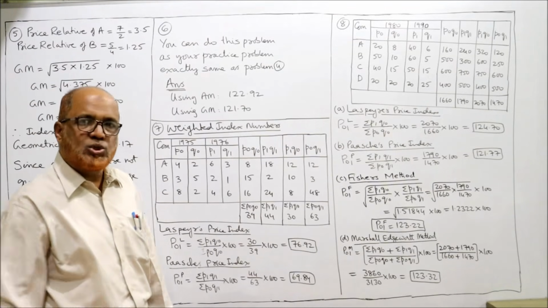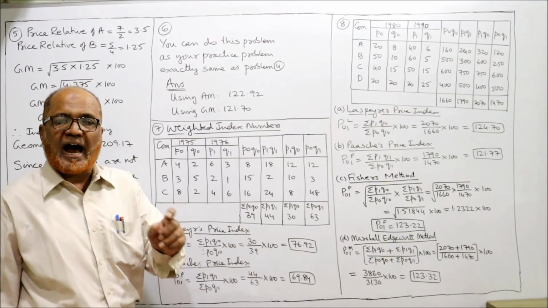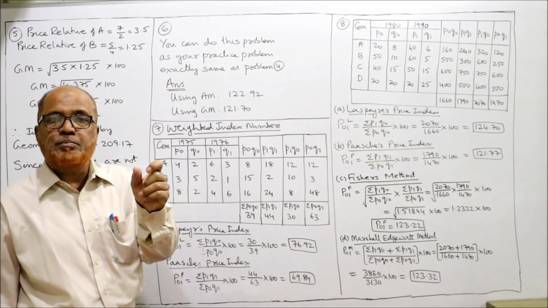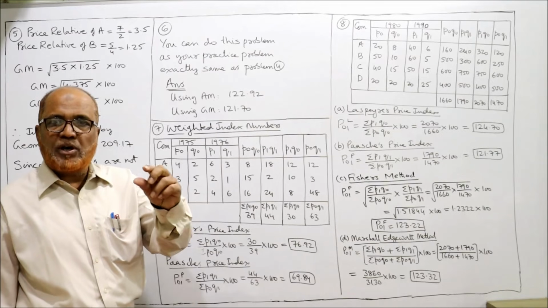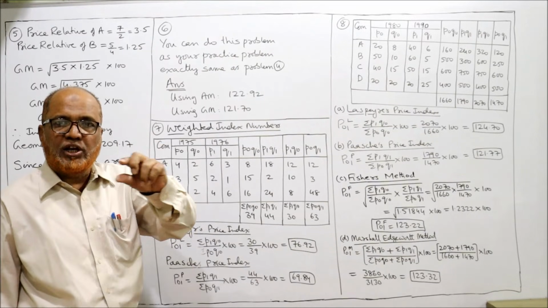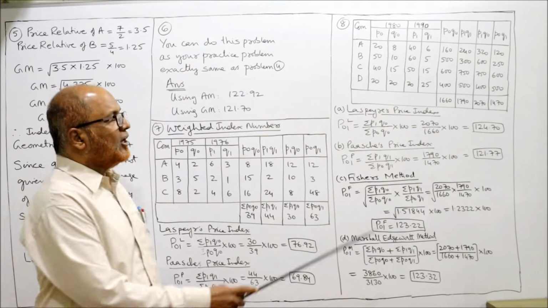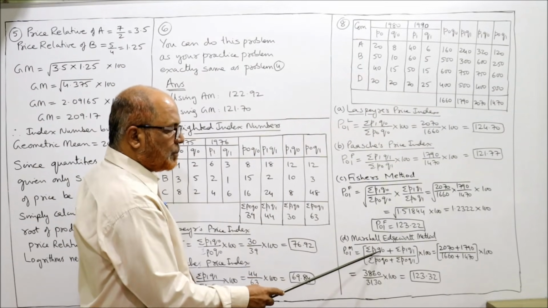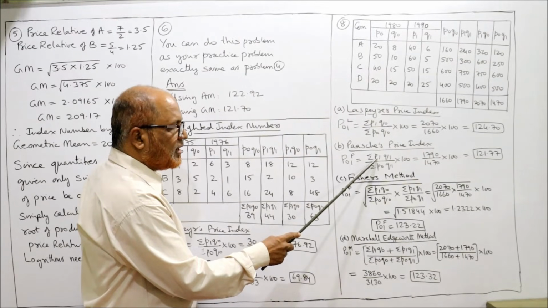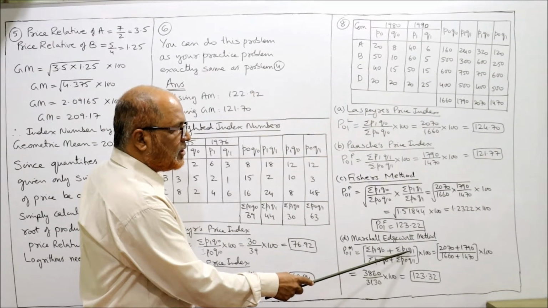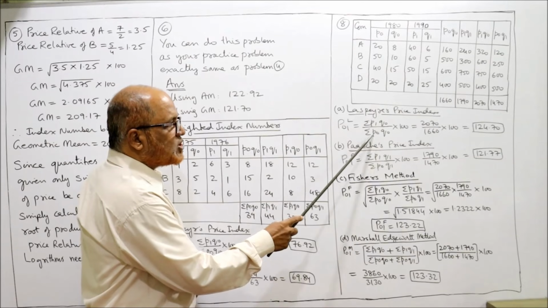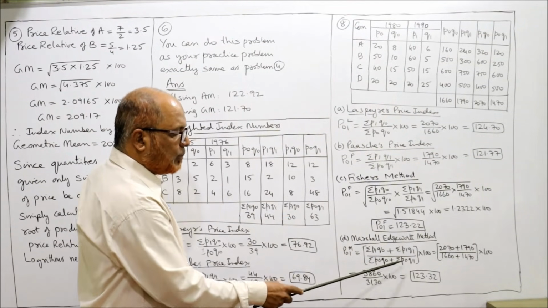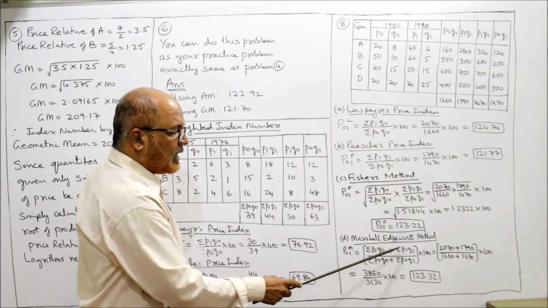Now Marshall-Edgeworth's: we will add up the numerators and add up the denominators of Laspeyres and Paasche's. Numerator is summation P1Q0 plus summation P1Q1. Denominator is summation P0Q0 plus summation P0Q1. Now add up the values.